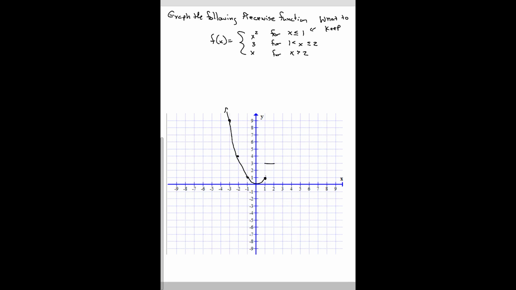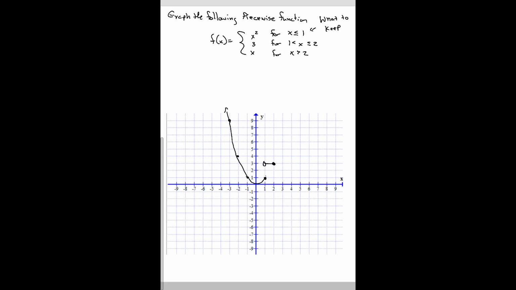Okay? So we just have this little sliver right here. Now, if you notice on our inequality, we have a less than symbol on the 1. So that means we would have an open circle on the 1, and we would have a closed circle on the 2 because we have x is less than or equal to 2.